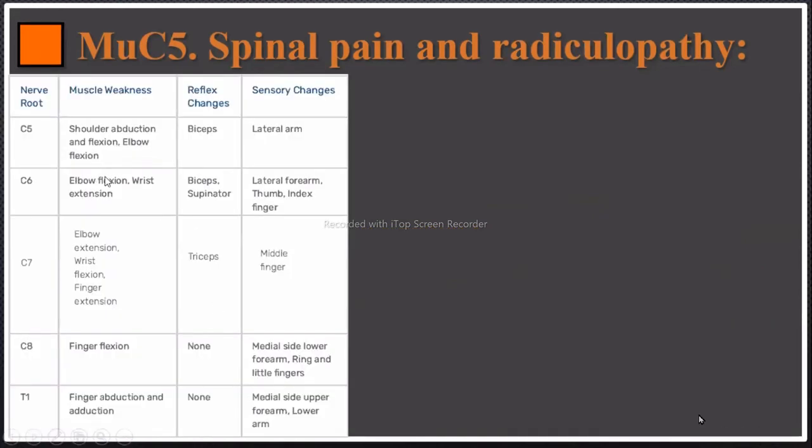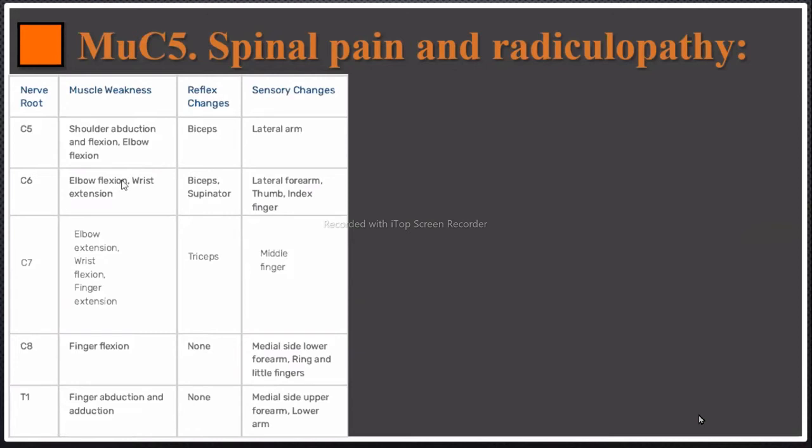Okay, so please be familiar with the nerve roots and the muscles affected, the reflex change, sensory. In any neurological manifestation regarding any nerve root: motor, sensory, reflexes. You can read this slide, guys.